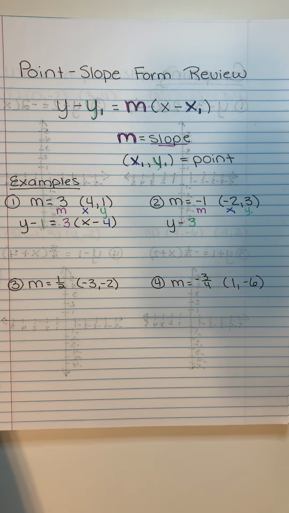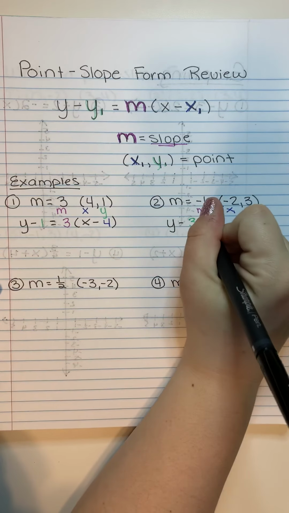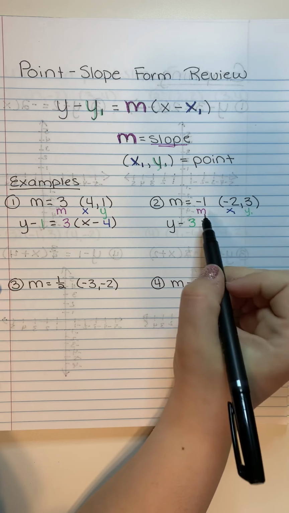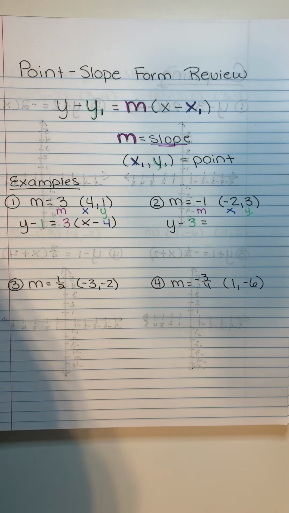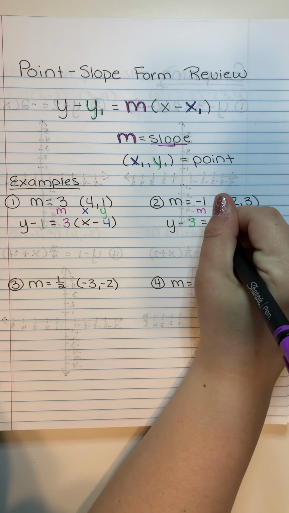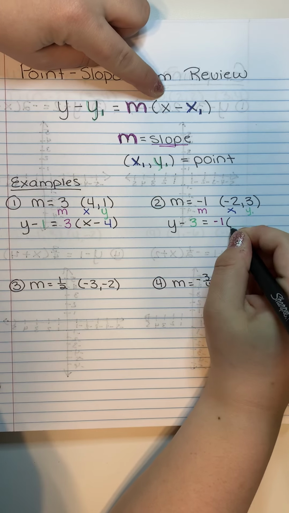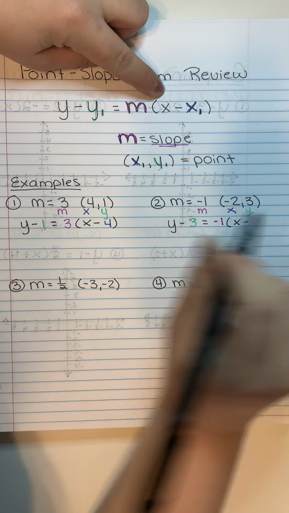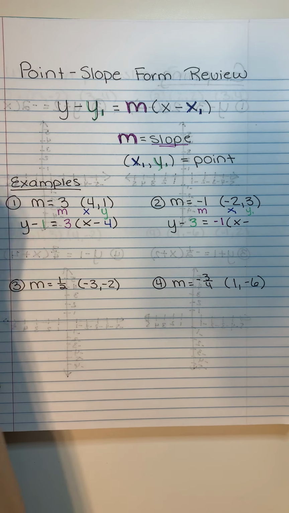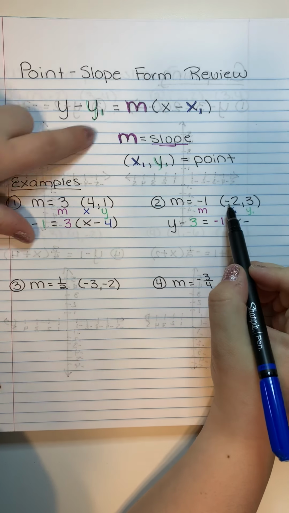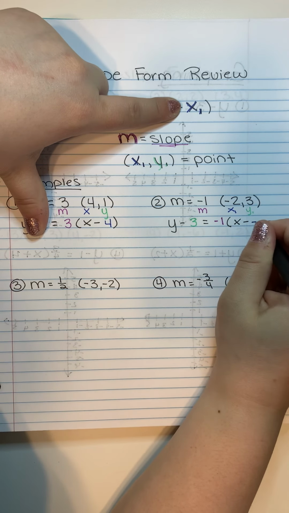Then we have equals, and then our m, which is -1. And then we have parentheses, x minus, and then our x1, which is -2.